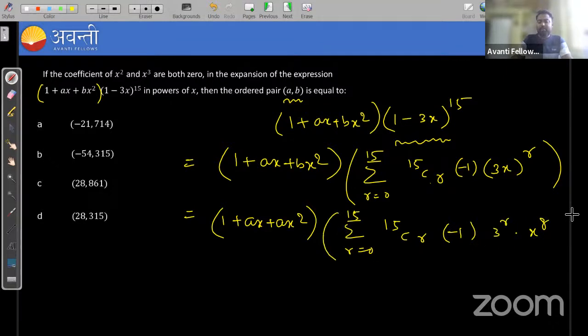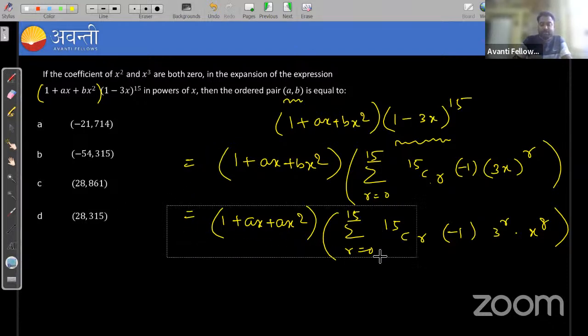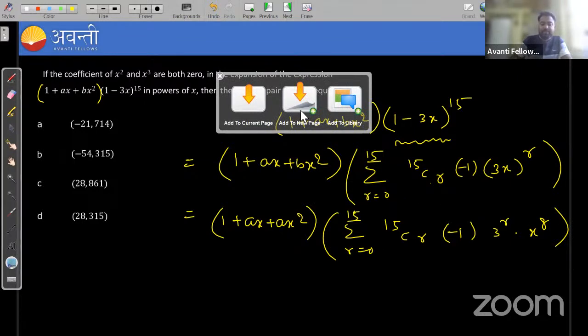We can write it this way, no issues. If we get this expression, the first duty is to find the coefficient of x square and x cube. Let's see. Just take this expression to the next page.